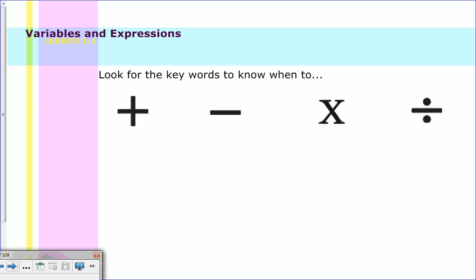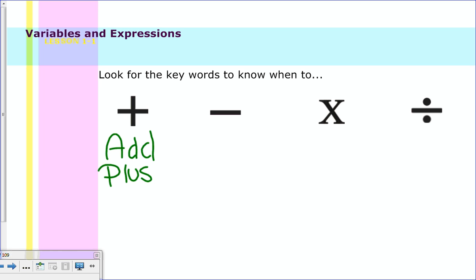What I need to do here is just identify common phrases or terms that I hear that tell me to add or to subtract or so on. So, for example, I keep saying add. That is one way I know that I'm supposed to add something together. 3 plus A, 2 plus 4. That tells me to add. Another one would be plus.